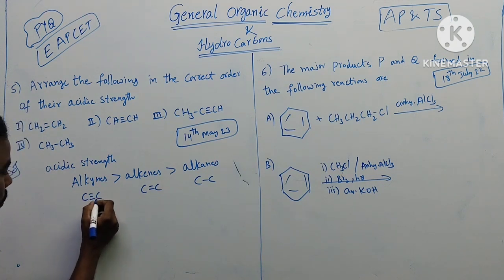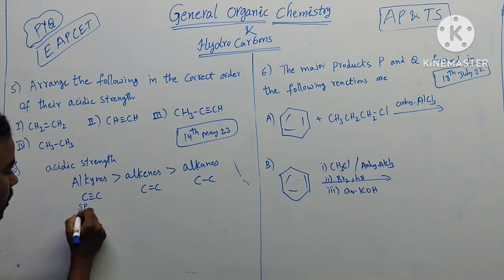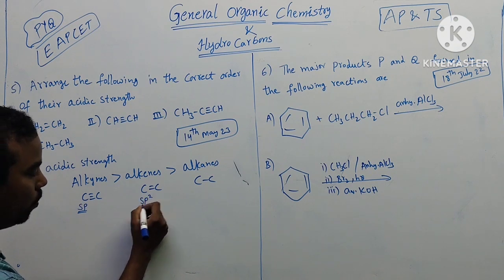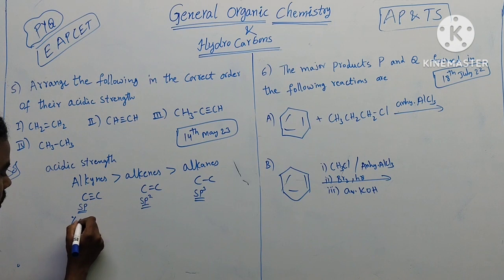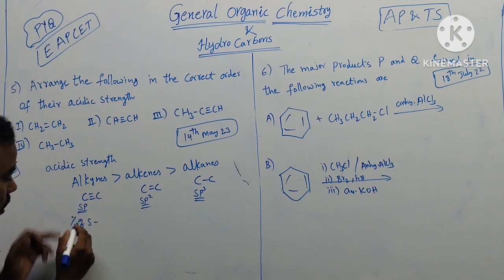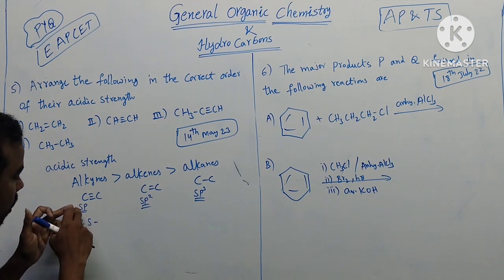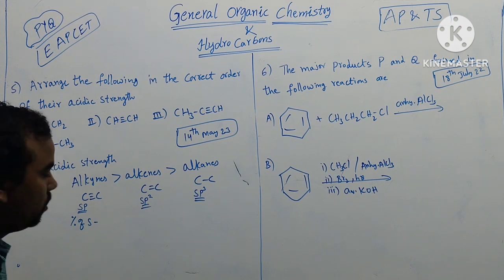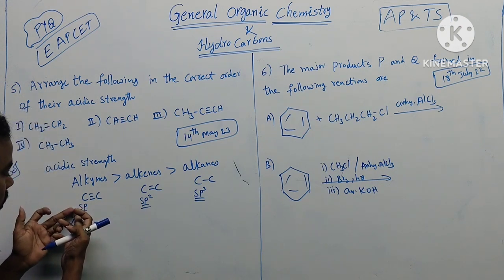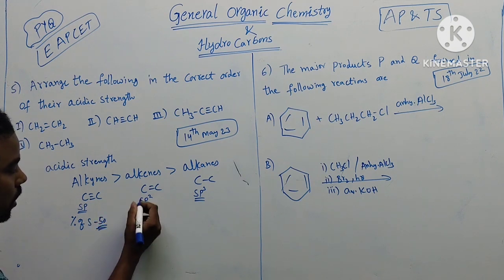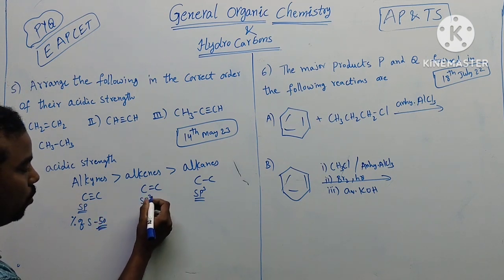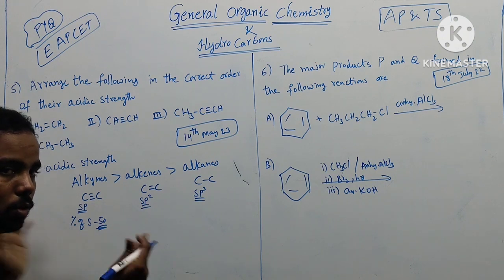So you know that triple bond has sp hybridization, double bond has sp2, single bond has sp3. Here the percentage of s character is 50 plus 50, if you add the total percentage, 100; s is 50, p is 50. So s character is 50%. For sp2, total how many orbitals? 2 p orbitals, 1 s orbital, 3 orbitals.